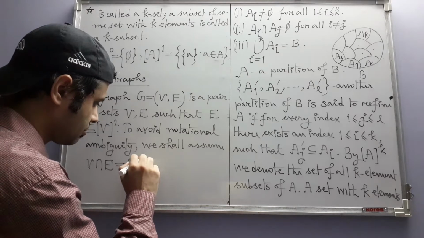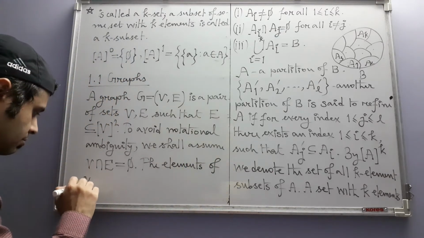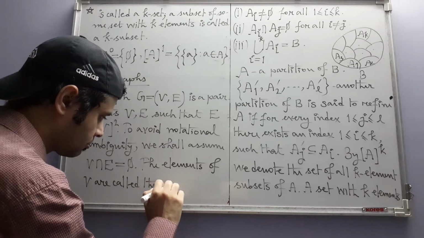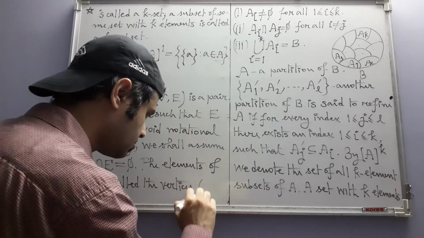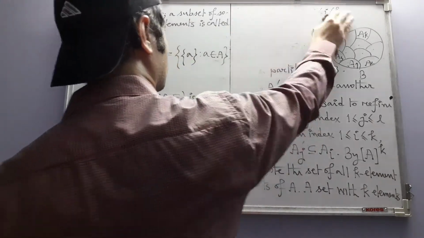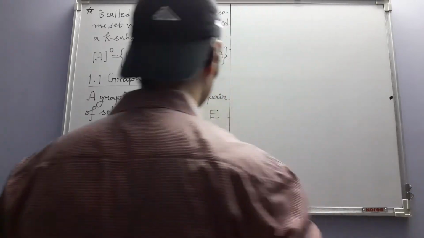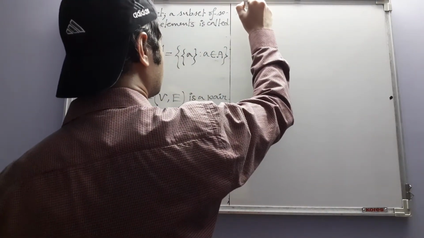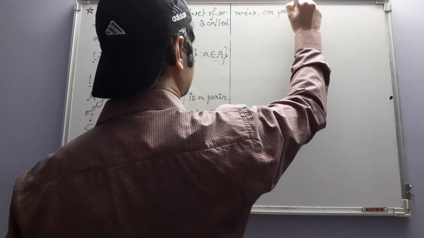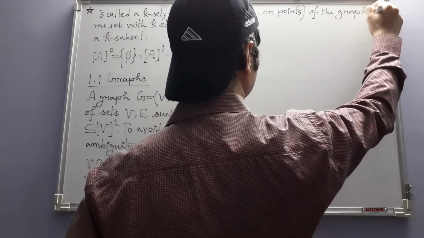The elements of V are called the vertices or nodes or even points of the graph.